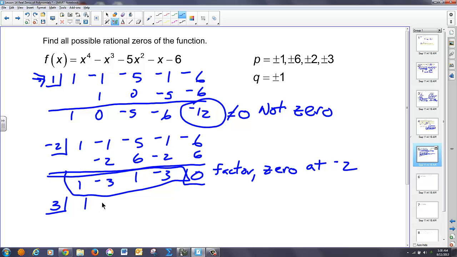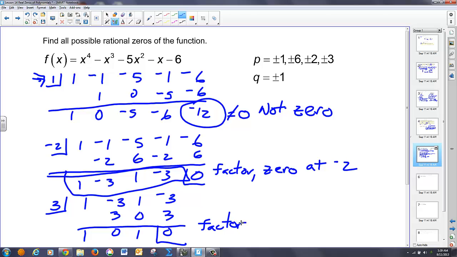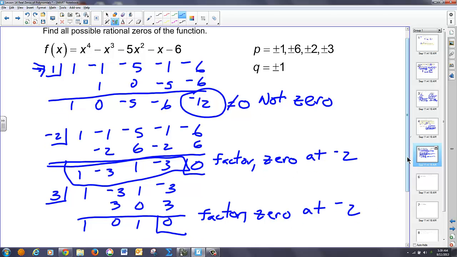So I'm going to divide into this new function, and if 3 goes into that, I know 3 is a factor as well. So I divide, get a +3, 0, 0, 1, 3, 0. What do you know? This is also a factor, or a 0, at -2.